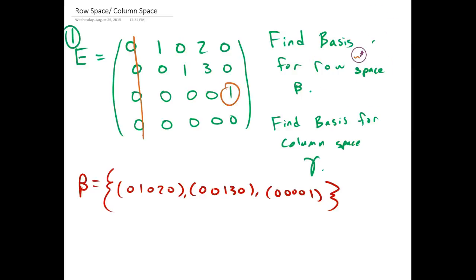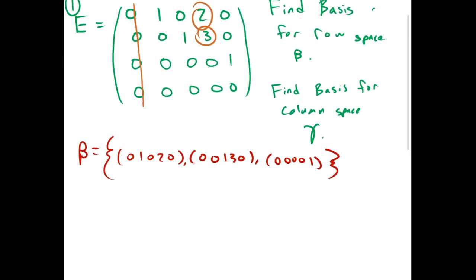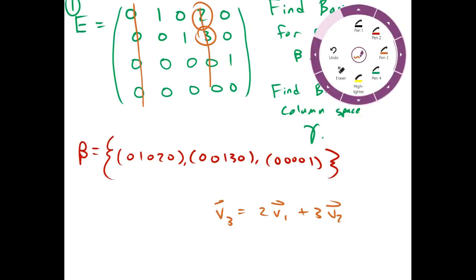And we know this will be linearly independent because there's 1s and zeros. But this column, we'll call it B3, is just 2 times B1 plus 3 times B2. So it's linearly dependent on the others.